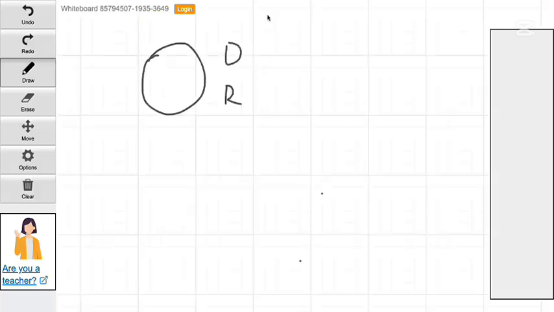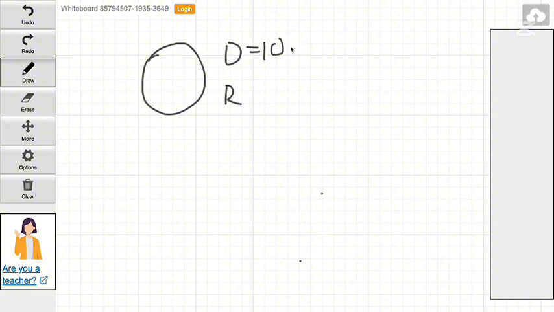It's a bit complicated with a circle, but basically, if the diameter is equivalent to 10 centimeters, the radius would just be half of that, so that would equal 5 centimeters. And then the area, the formula of this is area equals pi r squared.